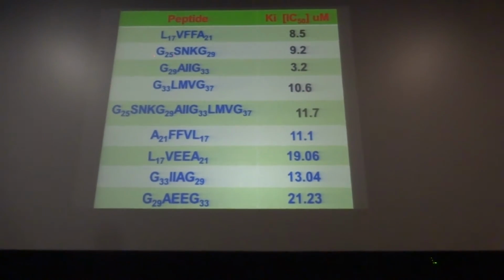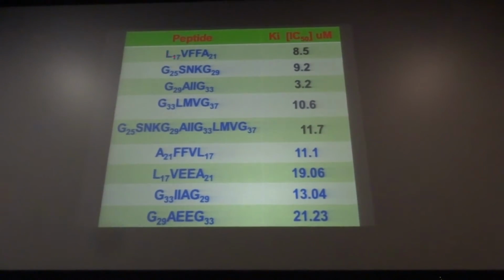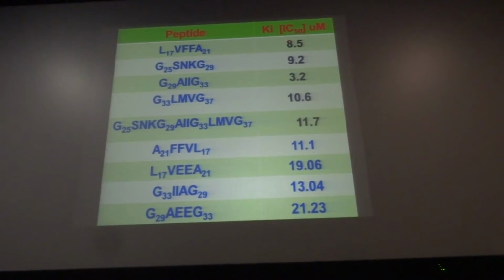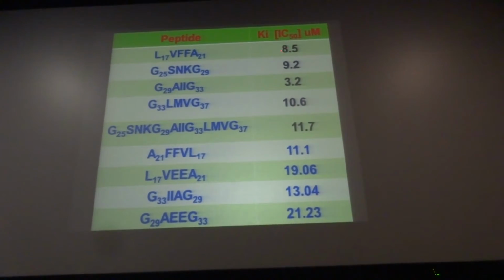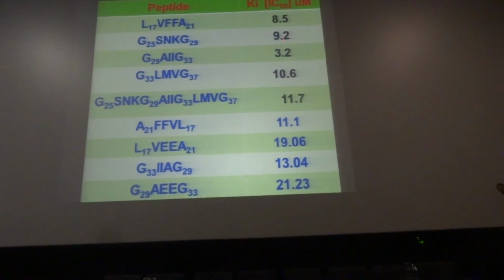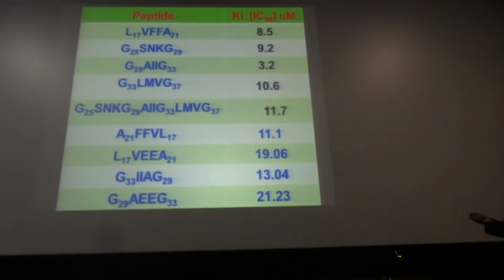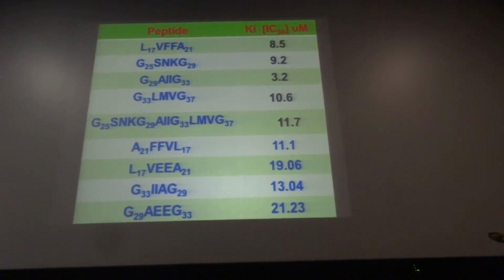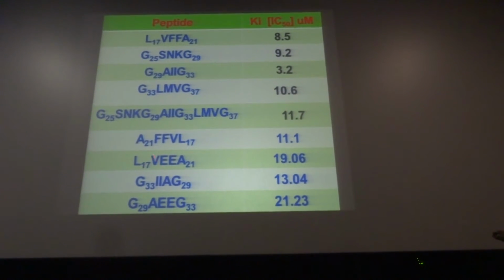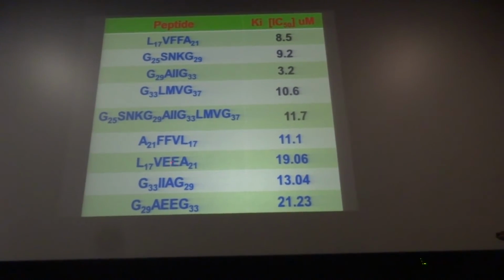This is a table which illustrates the peptides, if you have time to digest the numbering, and the Ki or the IC50, I'll try to draw an equivalent, and we'll see 8.5, 9.2, but the interesting one, if we come down to the lower level, is 17, where we've now replaced the hydrophobic amino acids with glutamic acid.